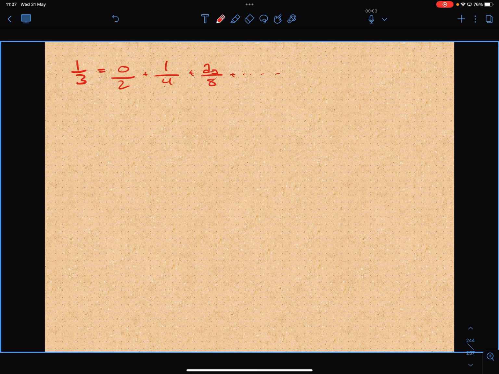What I have left over is 1/3 minus 1/4, that's 4 minus 3 over 12, so 1/12, and so A3, the 1/8 digit, is going to be 0.